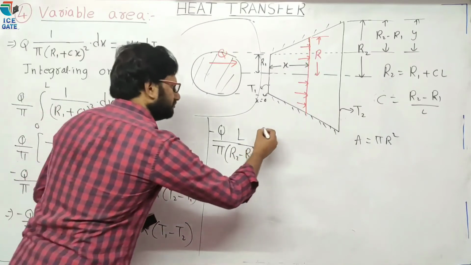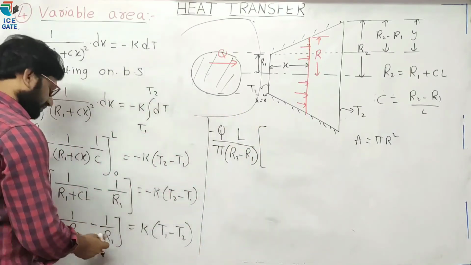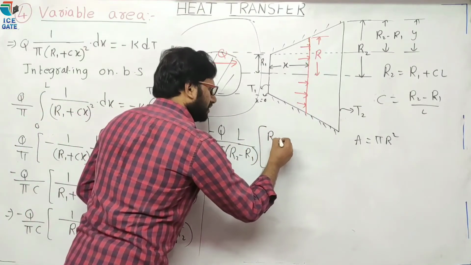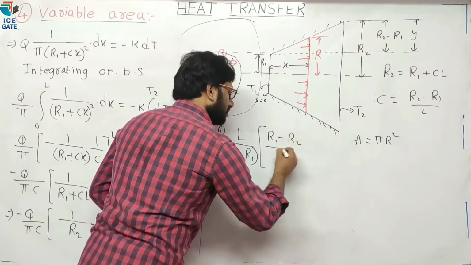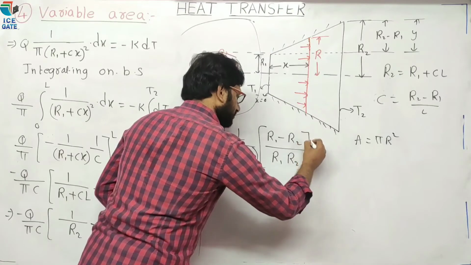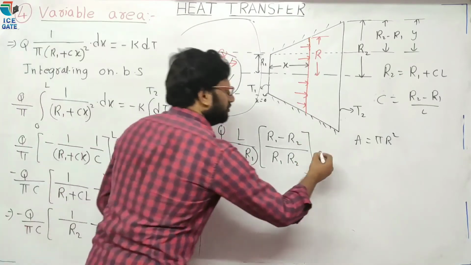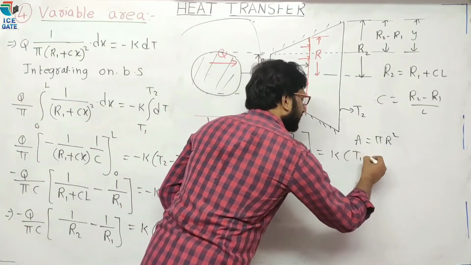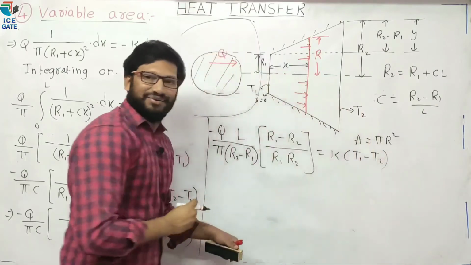Now this can be written as R1 minus R2 divided by R1 R2 is equal to K into T1 minus T2.